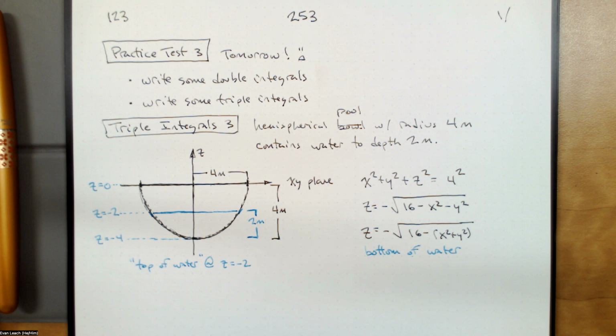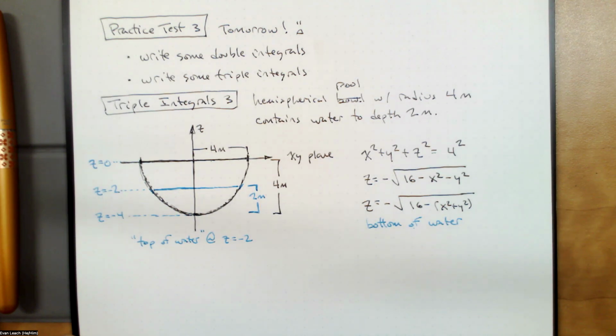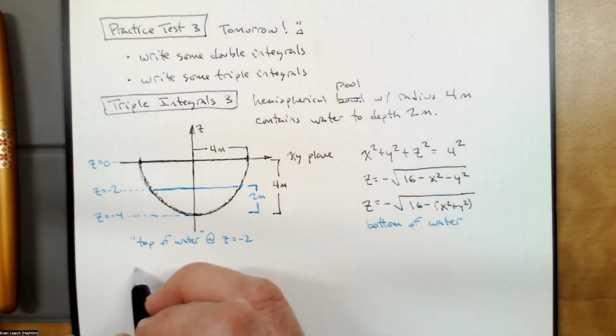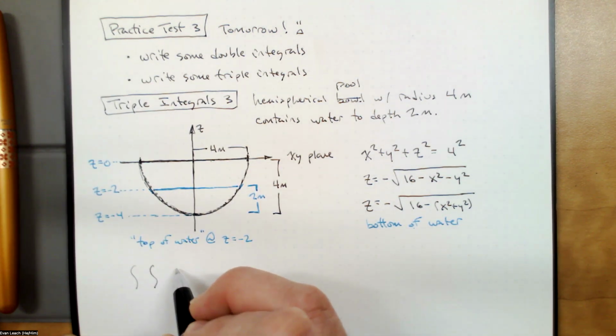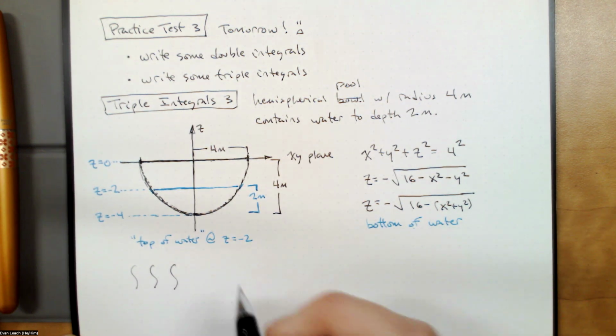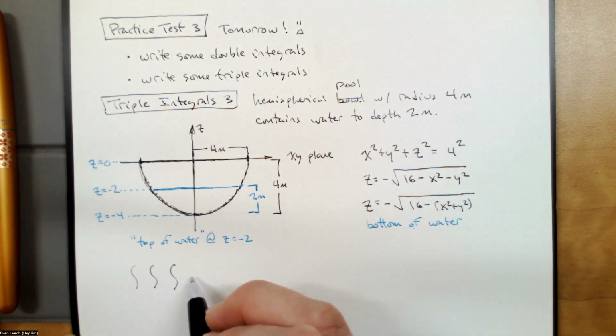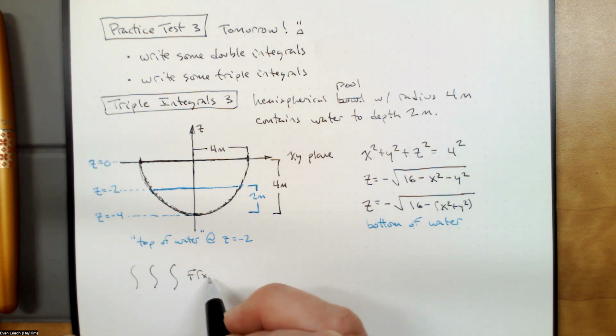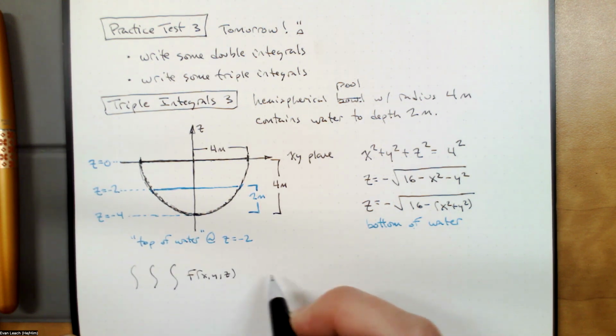Since we're writing z in terms of x and y, that tells us that the z is going to have to go first. That's going to have to be our first integral, our innermost integral. So when I set up my integral, I want the volume, so I'm just going to write the generic function first.